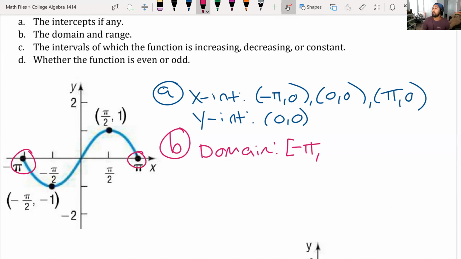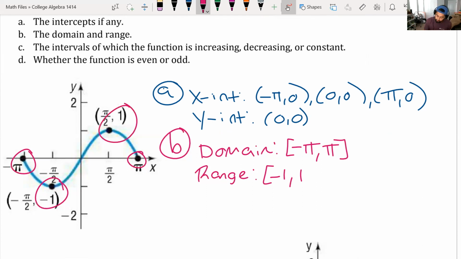And the largest x value that we end with is positive pi. And then range is the y values. So once again, start with the smallest y value, which is at negative 1, and end with the largest y value, which is at 1.